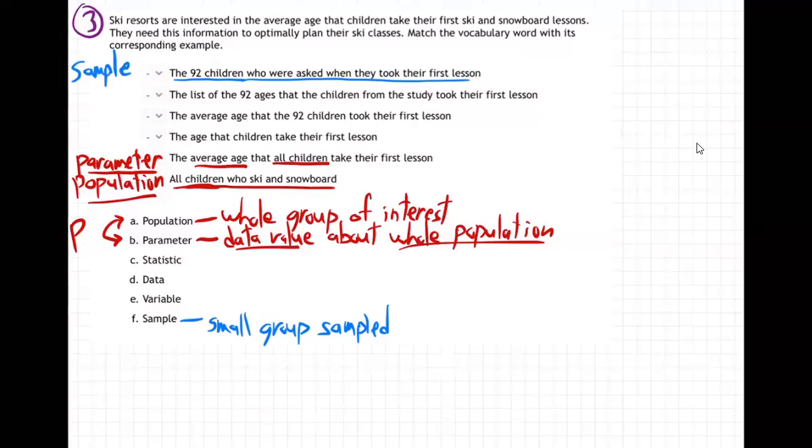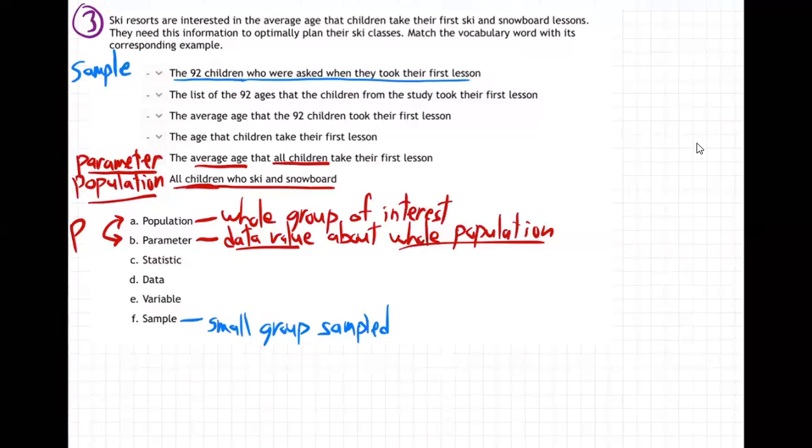This is what we do with statistics. The ski resort is trying to figure out what is the average age when kids first take their first lesson. And so they're gonna randomly ask 92 children how old they were when they took their first lesson. That's a sample.